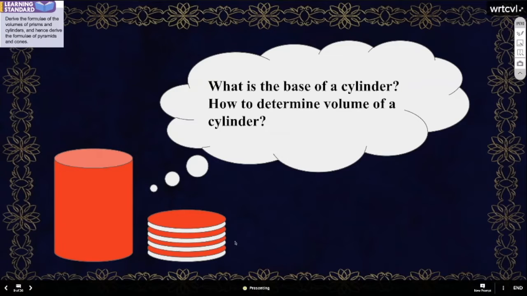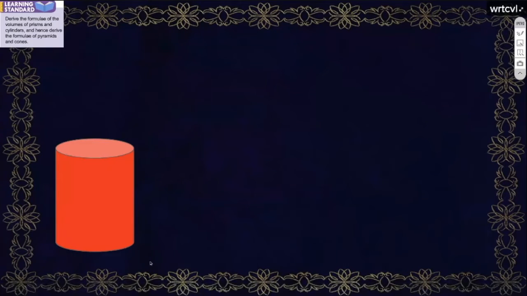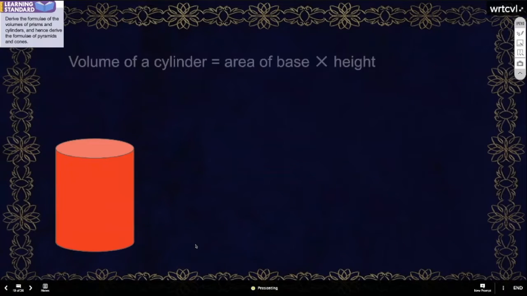Ada ketinggian. So the formula, does anybody know? Pi r square is the area of the circle, and you want to find the volume. So it's pi r square times what? Yes, pi r square times height, h. Nasrin, good. So this is our formula.